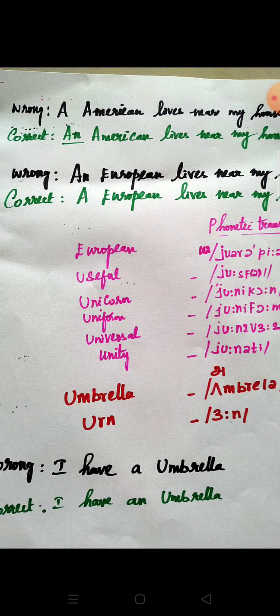So we have to put an before a vowel sound. Already you have known a or an. We should use a in front of consonant sounds, and we should use an in front of vowel sounds. So here American starts with a vowel sound, so we have to put an American. That is the error.